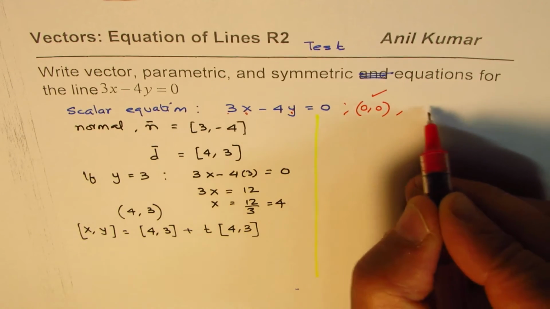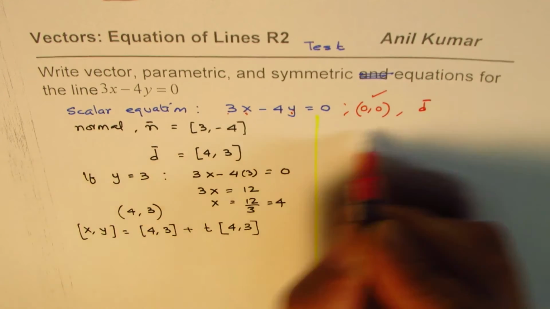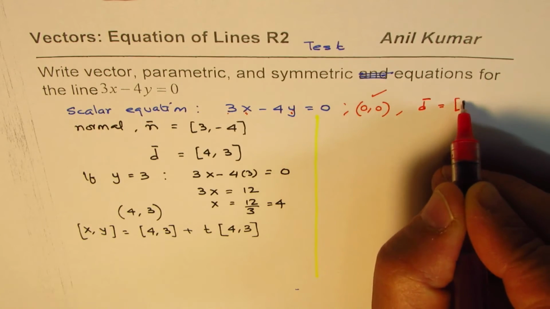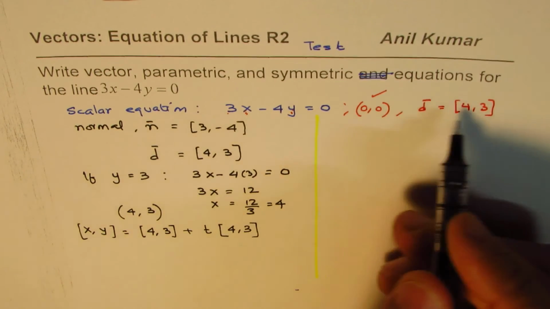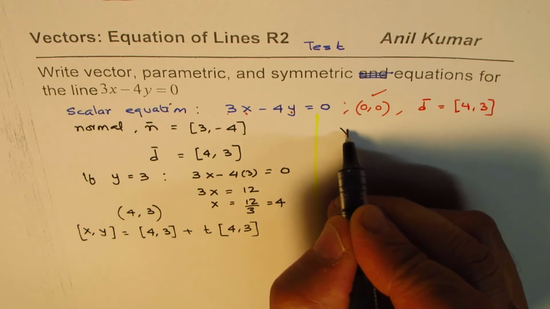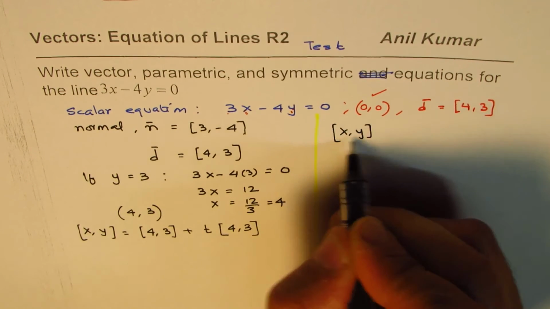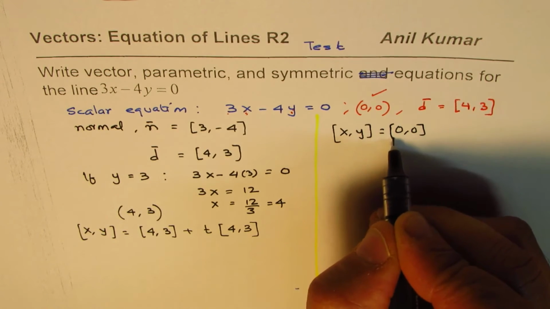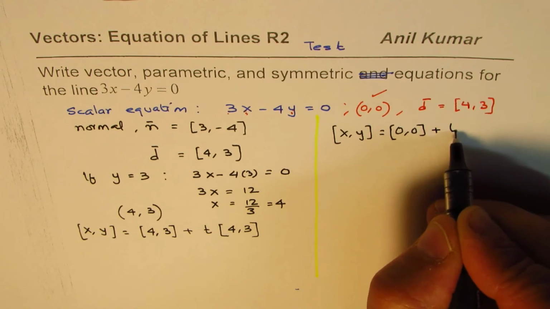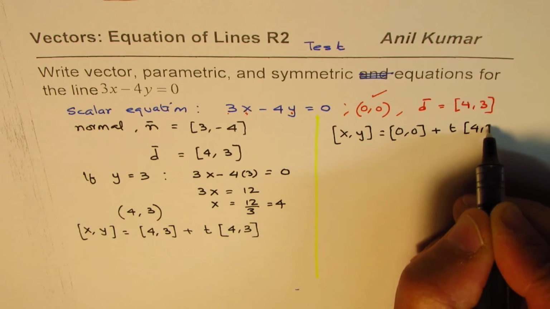So I have a point (0, 0) and the direction we just found as (4, 3), right? So we could write the equation as (x, y) equals (0, 0), not required, plus t times (4, 3).